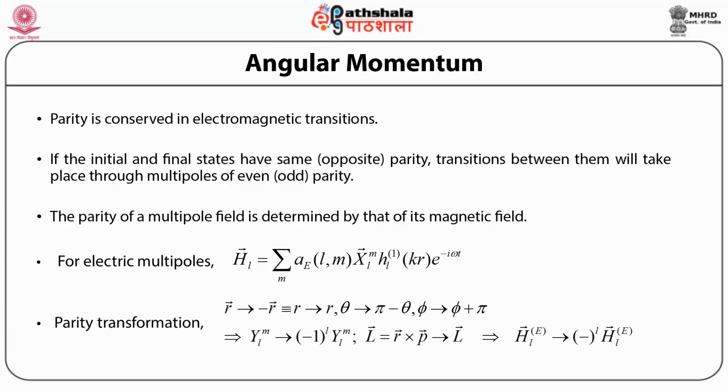And the parity transformations are r vector tends to minus r vector, which is equal to r tends to r, theta tends to pi minus theta, phi tends to phi plus pi, which implies that Y L m tends to minus 1 raised to power L into Y L m, and L vector equals r vector cross p vector tends to L vector, which implies that X L m vector tends to minus 1 raised to power L into X L m vector.